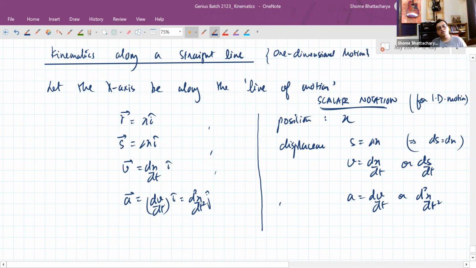Because all the vectors are aligned along the same unit vector I cap, we can skip writing that I cap as a common thing all the time. This last one should be I cap, sorry, not J cap. So instead of using the vector notation, we can use the scalar notation. So vector notation becomes optional here. But in non-straight line motion, it's compulsory.